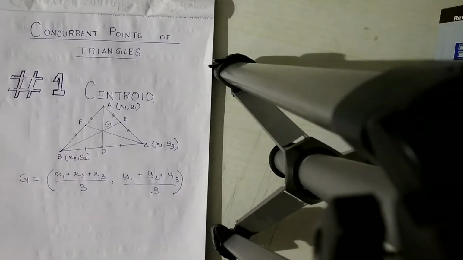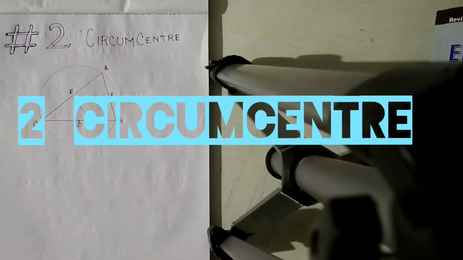This is the general formula which we use to find out the coordinates of the centroid. Now this concludes centroid. Next up, circumcenter.